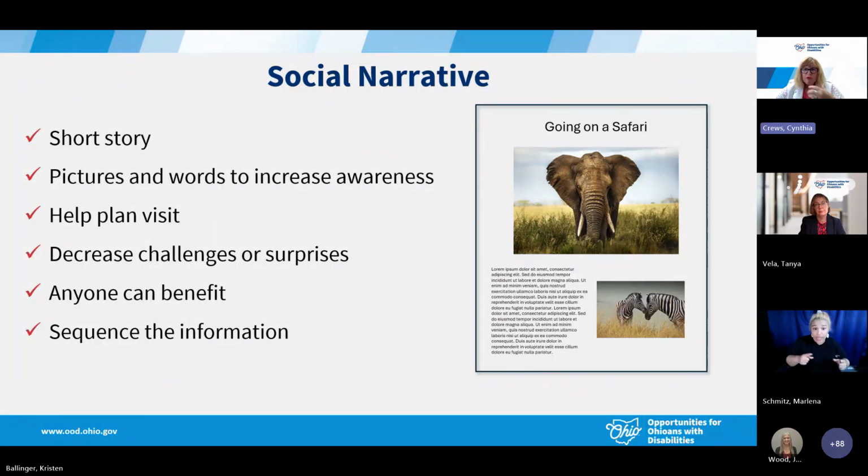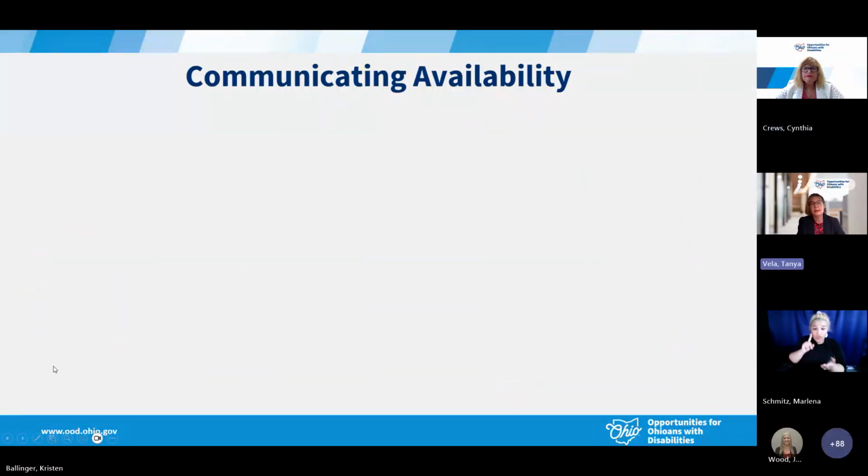Tanya, can you tell me what some general best practice venues should consider when offering sensory spaces and tools? Sure, Cynthia. It's important to communicate the availability of sensory tools and/or spaces because this can help visitors and employees know what's available. So here's some tips.